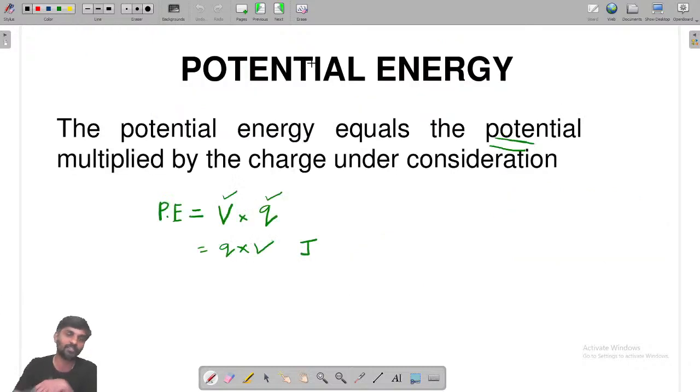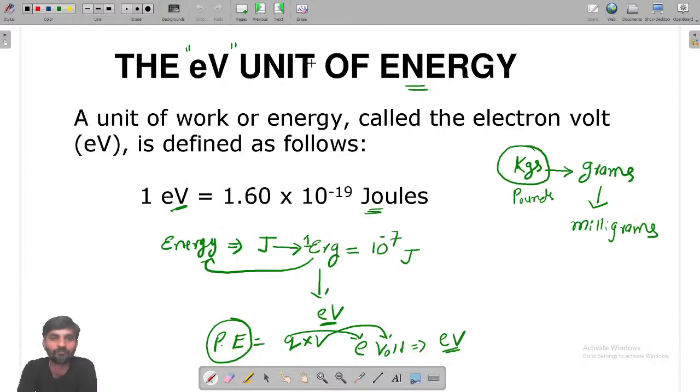Then, what is potential energy? Potential energy is simply the potential multiplied by the charge under consideration, Q into V, and the units are joules. Electron volt is also a unit of energy, because joule is a very big unit compared with the energy of an electron. Of course, if many electrons come together, it may become joules.